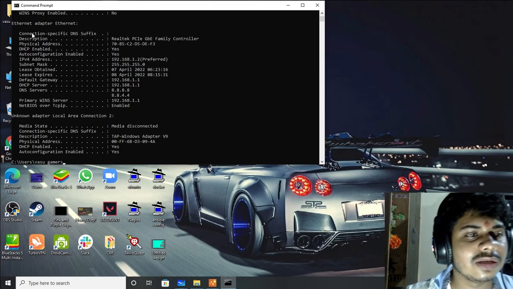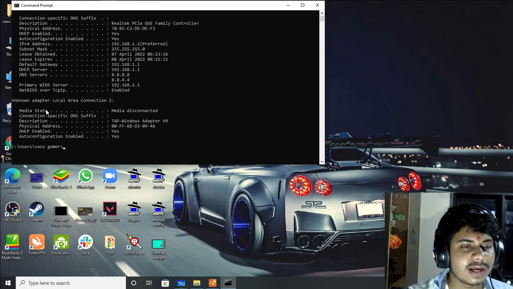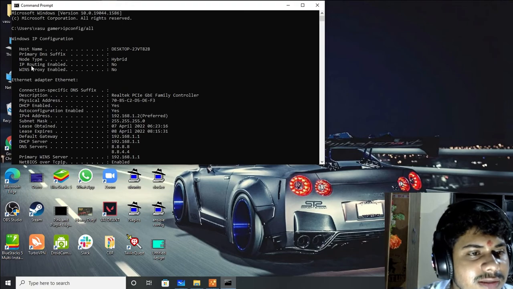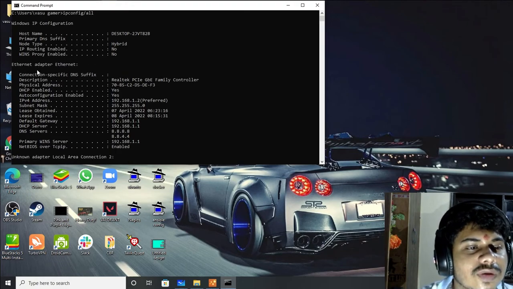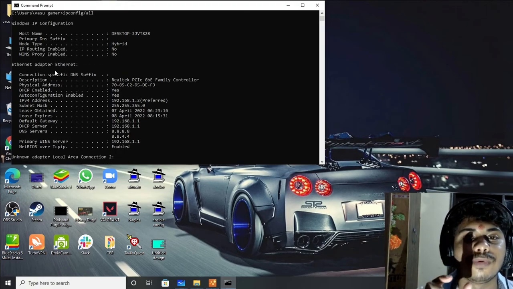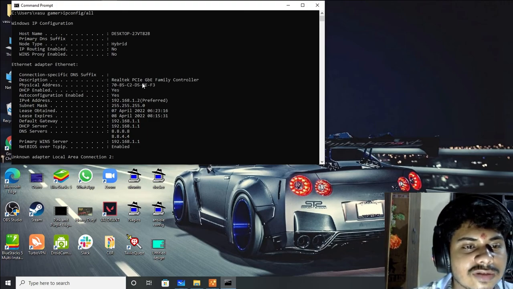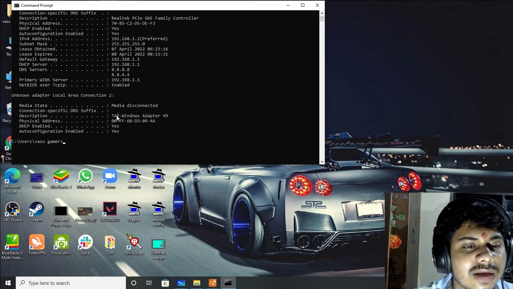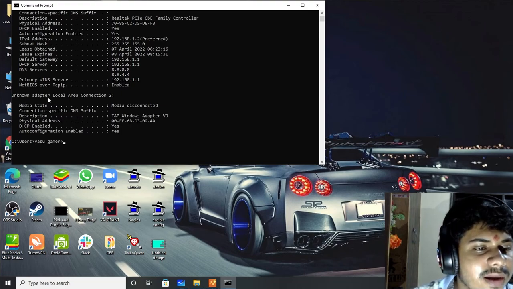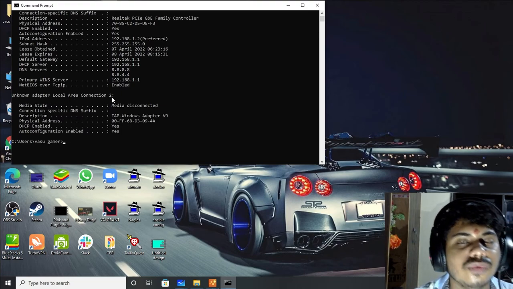Now I want to show you one thing: this is the Ethernet port, which I showed you, and it has its own unique MAC address. This is the MAC address of that port, and this is the MAC address of my adapter, local area connection 2.